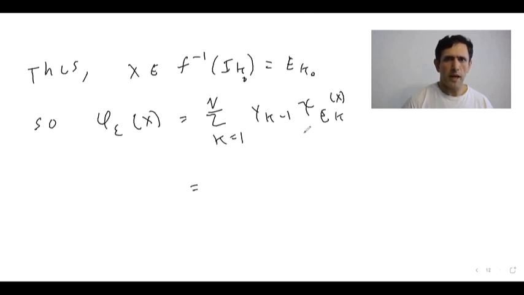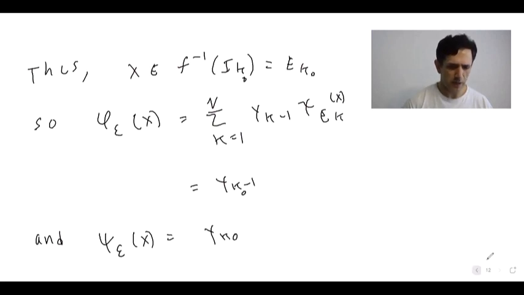Everything else is 0 because x is not in any of the other Eks. And when k equals k0, the characteristic function is 1. So we get this here. And similarly, this is going to be equal to, you can check, y_{k0}.